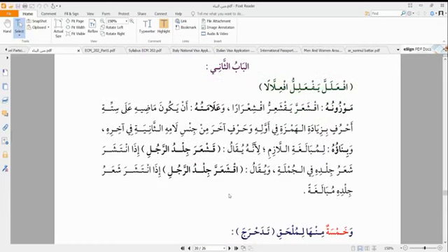And the final shape, inshallah, that we will be looking at tonight is if'alalla. And if'alalla yaf'alillu if'ilalan. We have an example here, its mawzun: yaksha'irru, yaksha'irrun. wa alamatuhu an yakuna madihi ala sittati ahrufin.